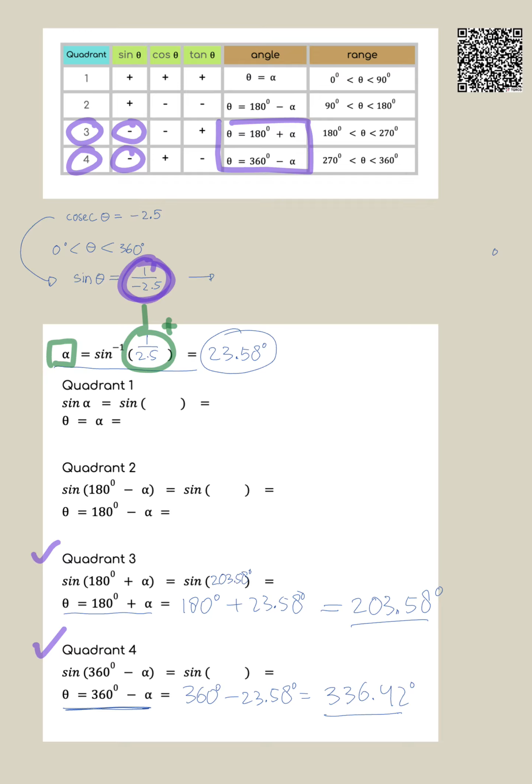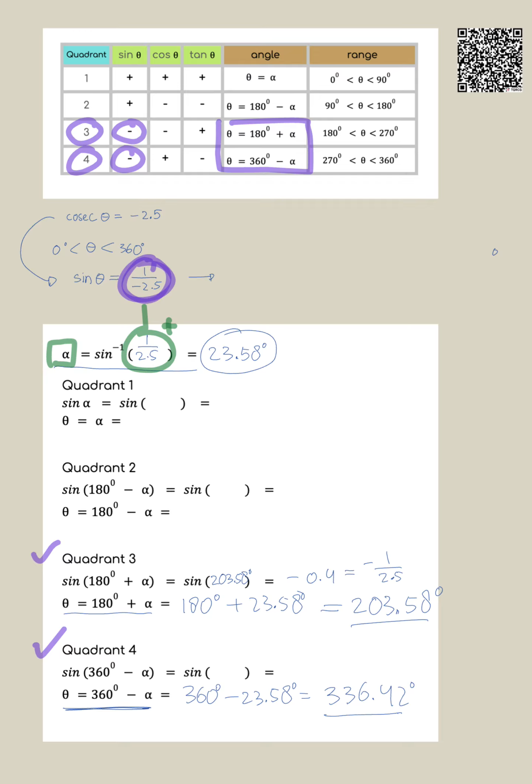So let's check that number. Press sine 203.58. You're going to get negative 0.4. And negative 0.4 is negative 1 over 2.5, which is correct because they're asking for cosecant theta equal to negative 2.5. And that one will be correct.